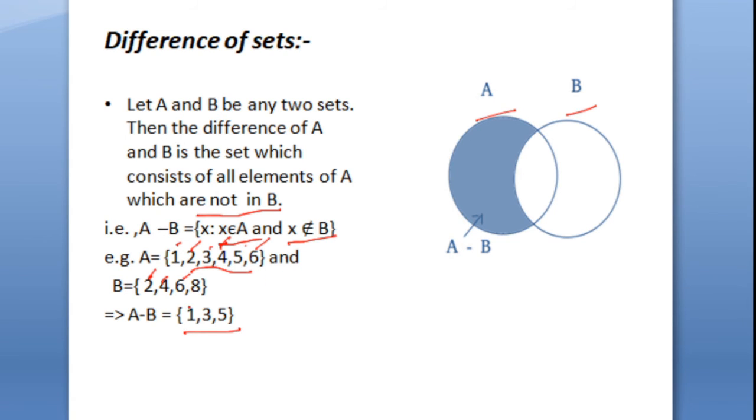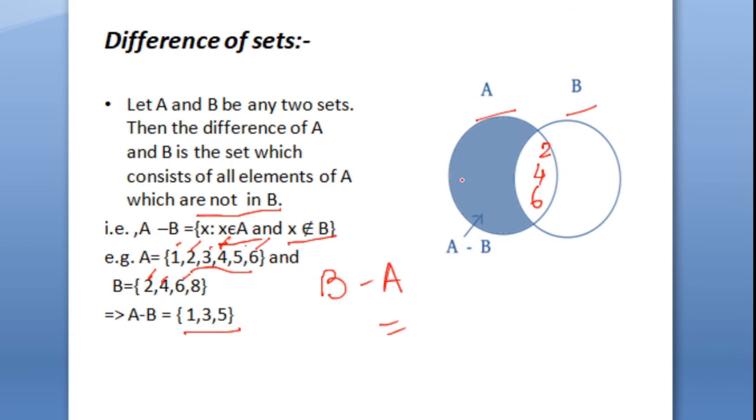Now if we calculate B minus A, then what will be the answer? If we calculate B minus A, here also we will take all the elements of B except the common elements of A. Here the common elements are 2, 4 and 6.